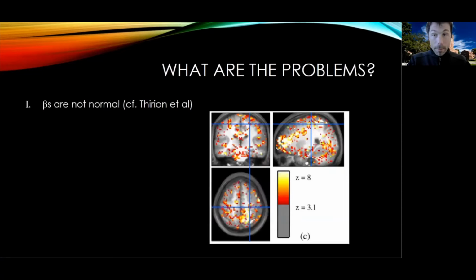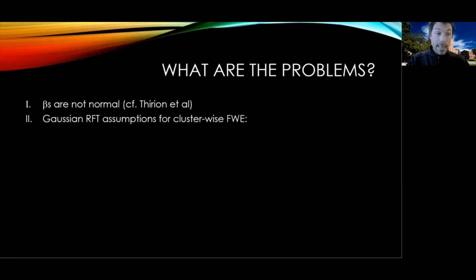So what's the problem here? Well, multiple ones. For one, as we said, the betas are not normally distributed. We've seen this in the Thirion and colleagues paper a few slides back. Second, there are some specific hypotheses of the Gaussian random field theory for cluster-wise inference that just don't hold.